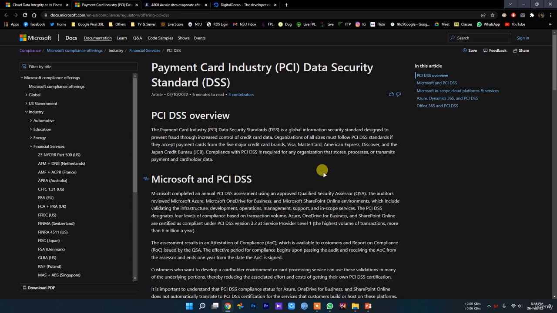Just putting your things in Microsoft as your cloud does not make them PCI compliant. It applies not only to certain services that have achieved that compliance, but of course you can still make an application non-compliant even when it's placed inside a PCI DSS compliant environment, so you can still mess up the compliance.